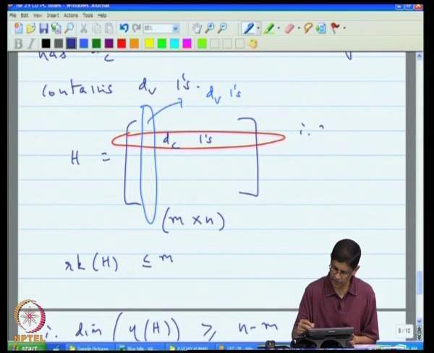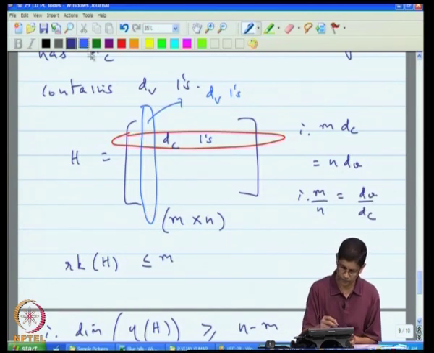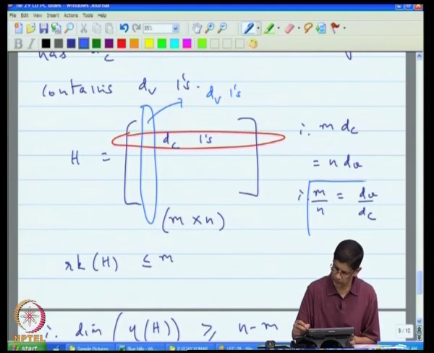Therefore, m times dc is equal to n times dv. Therefore, m by n is equal to dv by dc. So, this is our second equation.